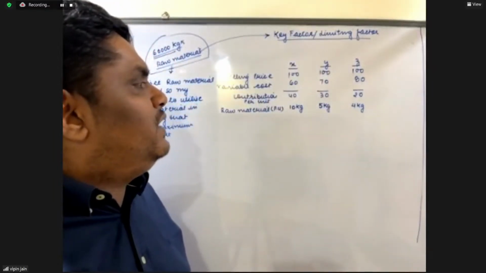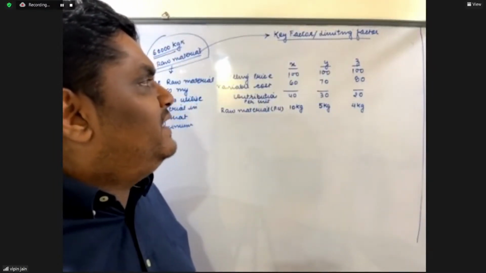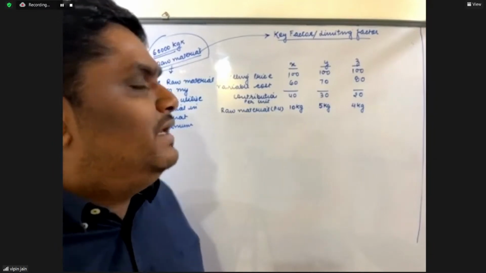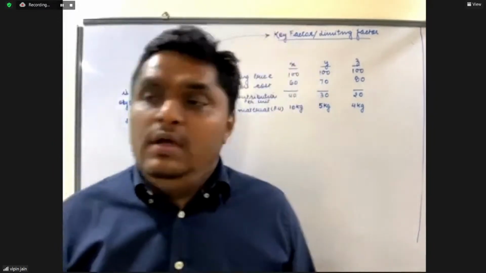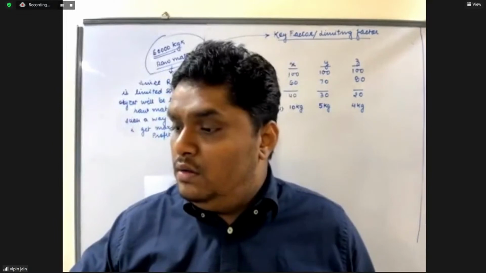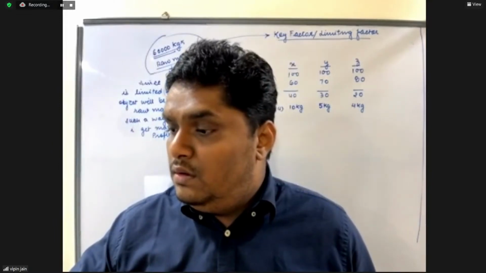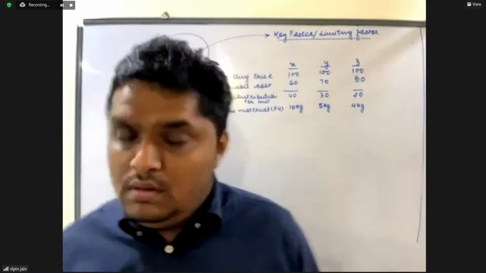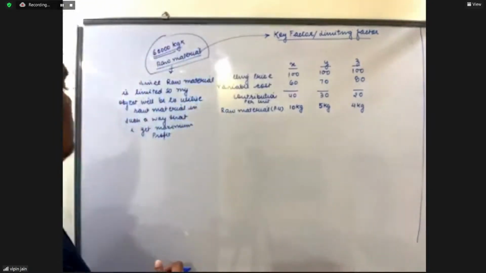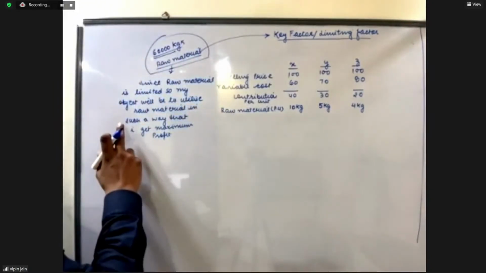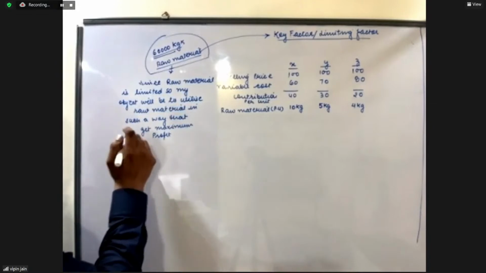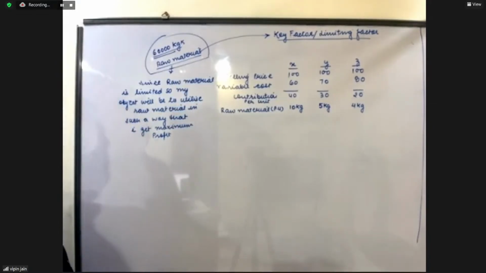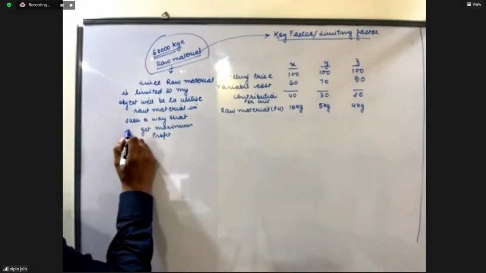To manufacture product Y, we need 5 kgs. And to manufacture product Z, we need 4 kgs. Now, we have to decide in such a way that the company gets maximum profit.